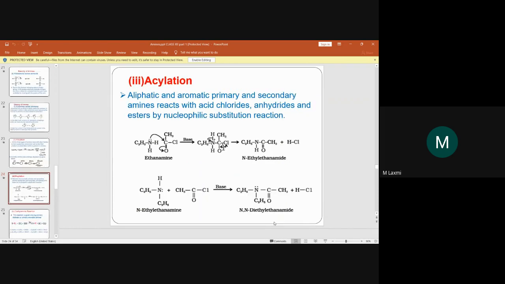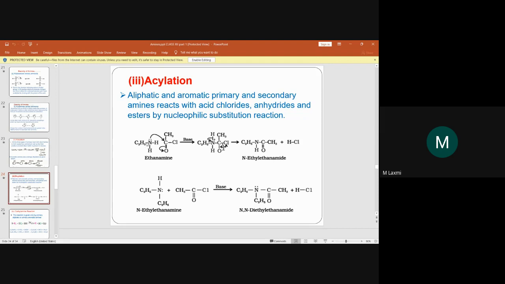Next is acylation. Primary aromatic, secondary aromatic, primary aliphatic, secondary aliphatic amines, they all react, except tertiary, with acetyl chloride, resulting in ethyl ethanamide plus HCl. Why is tertiary not involved?